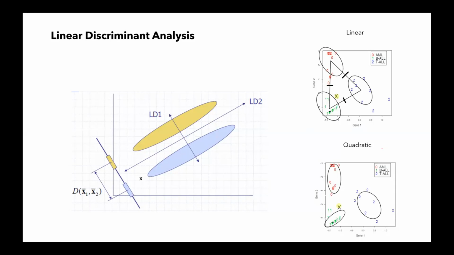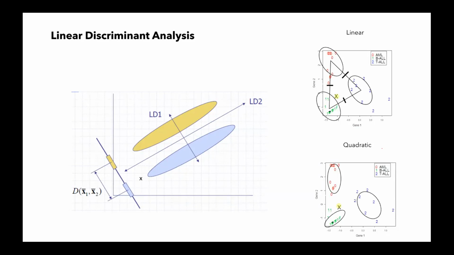There are many variations of LDA. There is linear, where you see the shapes are the same, and if you see quadratic, you will see different shapes. All of this is based on different assumptions about the distribution of the data.